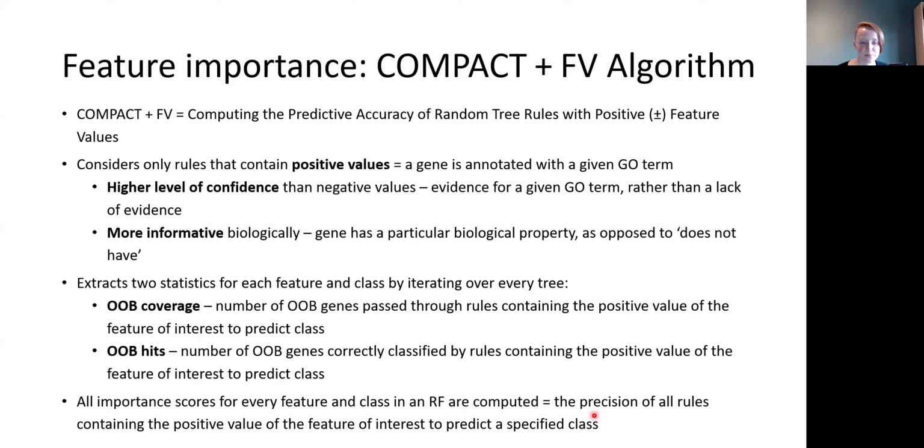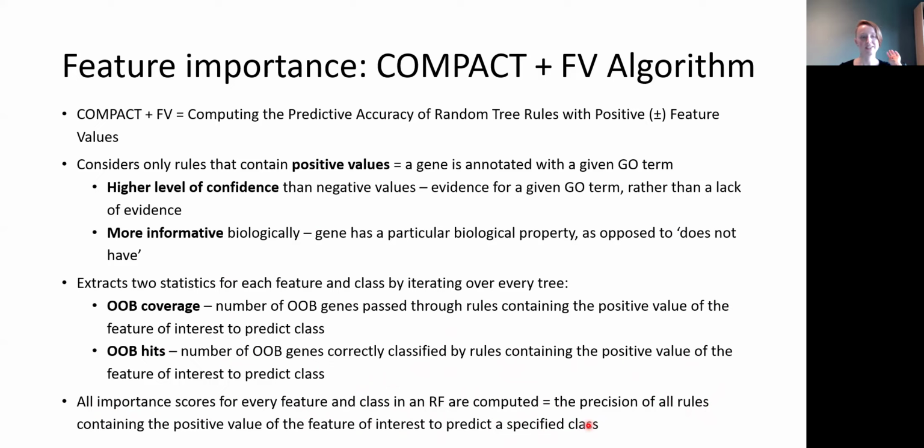Again, we calculate this for each tree and average it across the forest, and we end up with an importance score for each feature. So each predictor and also each class, so whether they're overexpressed, underexpressed, or unchanged. And so we can look at the precision for each of the rules to predict a specific class.